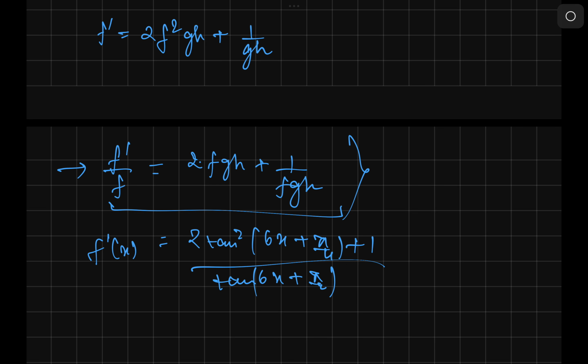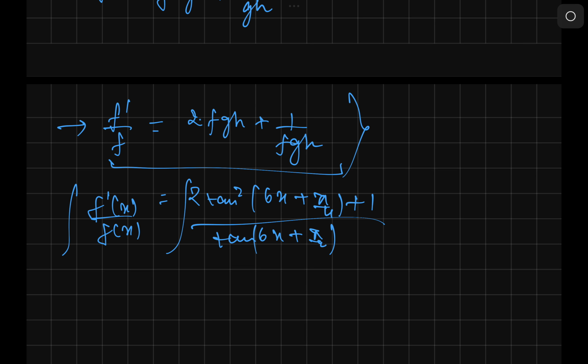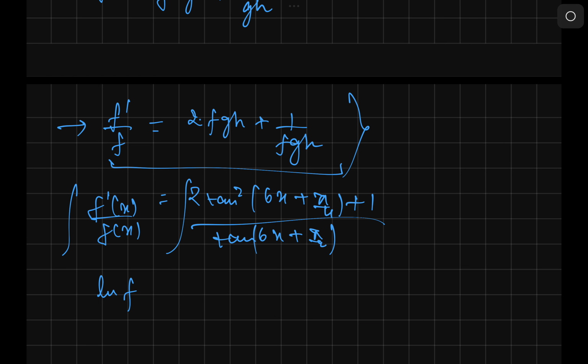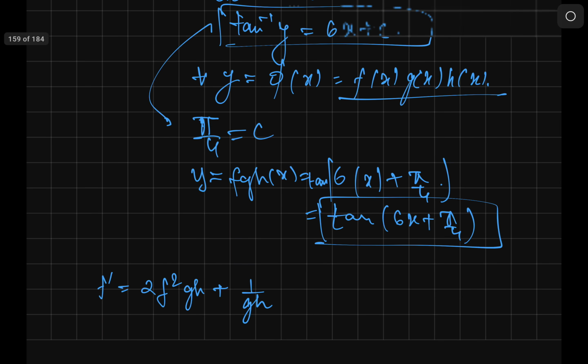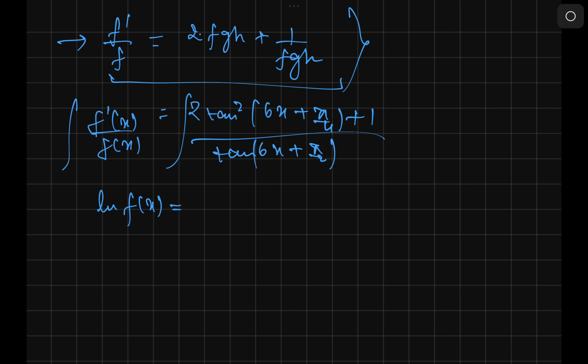And this is f dash x by f x, and then you can integrate on both sides. So ln f(x) is equal to, okay, I'll just use the constant instead of using definite integrals.